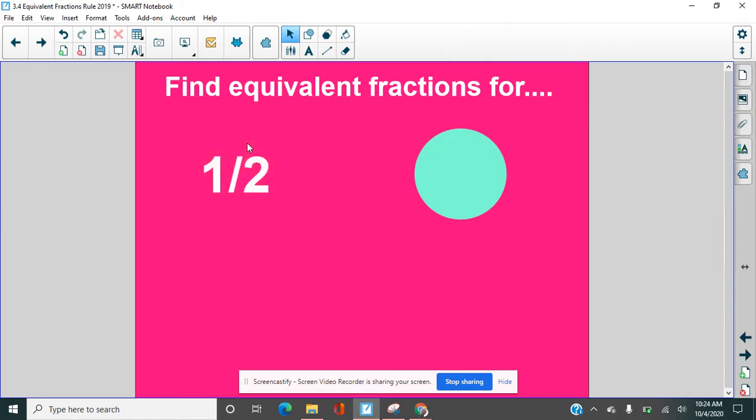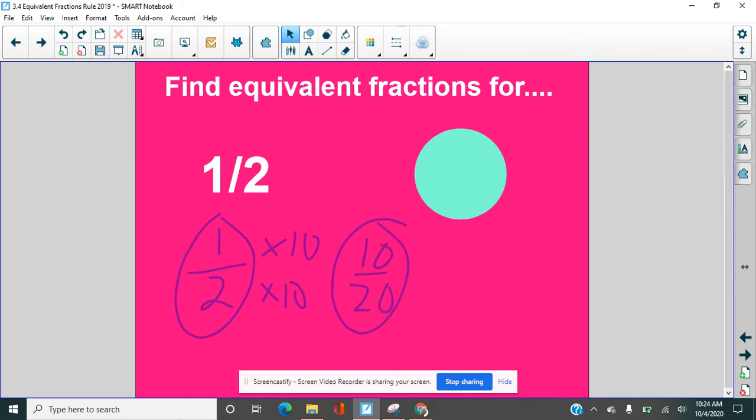You could take 1/2 and say, as long as I multiply the top and bottom number by the same thing, then my result is equivalent. So 1 times 10 and 2 times 10. An equivalent fraction, whoops, 1 times 10 is not 20. 10/20. These are equivalent.